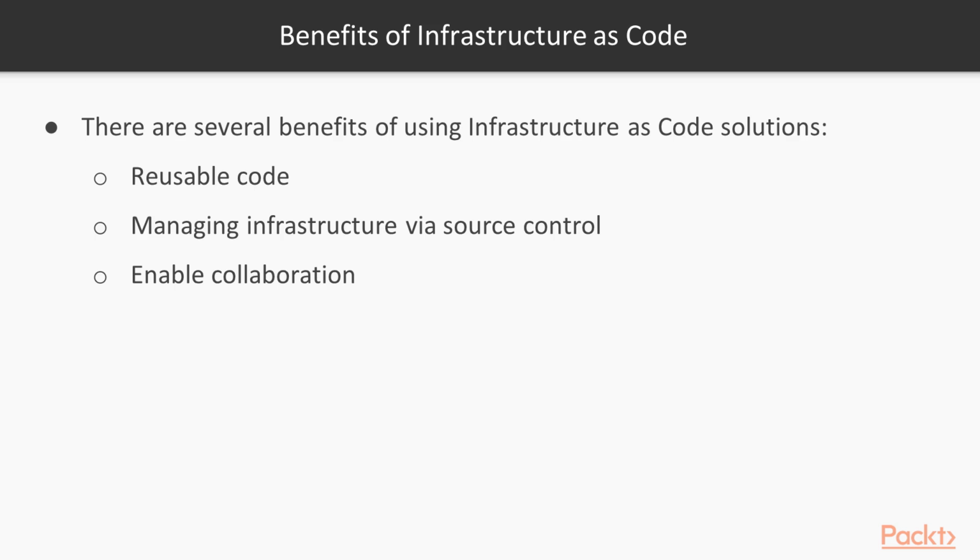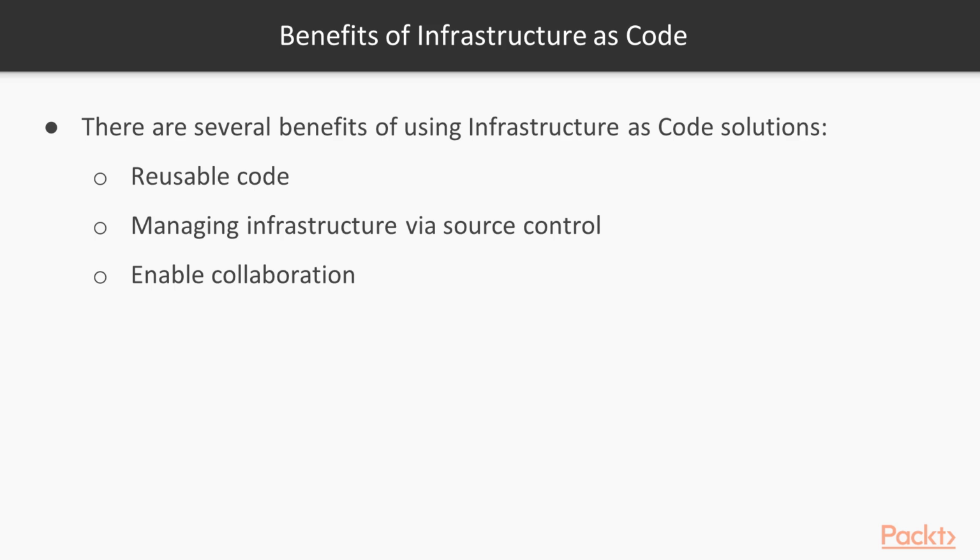There are a few advantages, or benefits, of infrastructure as code. One is reusable code. If I write code which would develop this kind of environment, I can reuse that entire code to develop a similar environment in staging and a similar environment in production. So that is what is referred to as reusable code. Second is managing infrastructure via source control.